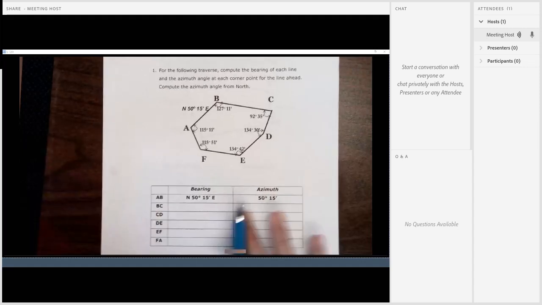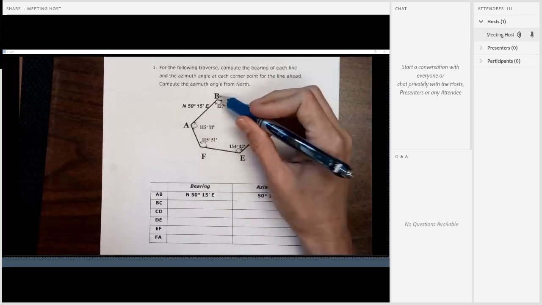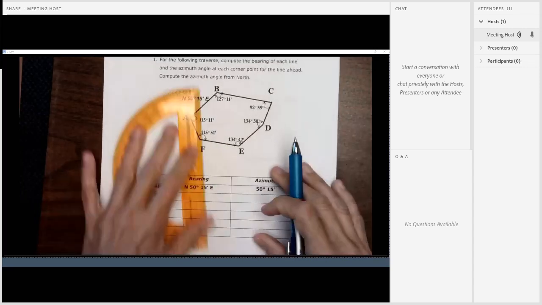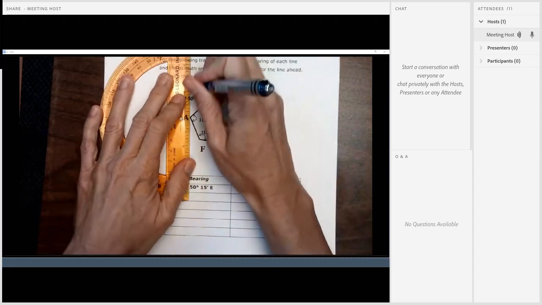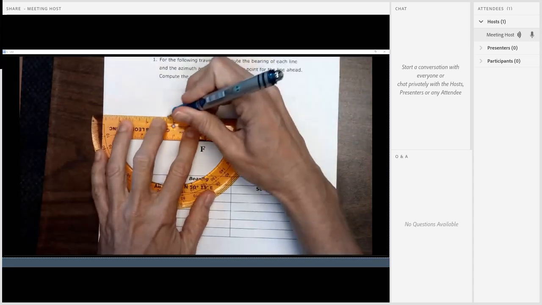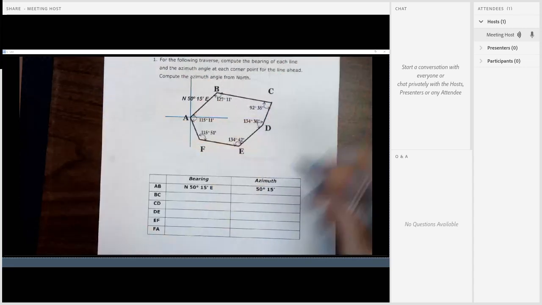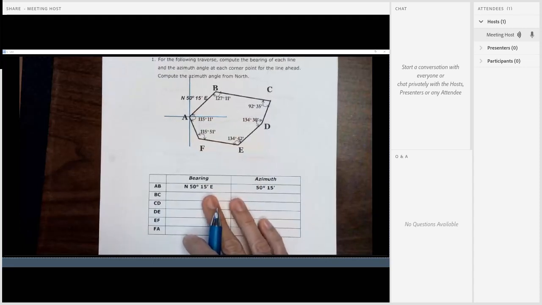So to start off here, we're going to look at bearing AB. So from A to B here, and we are given this information, but I'm going to go ahead and draw on our axis. That's something that I always do as I'm looking at these forward bearings and azimuths, just so I know what I'm talking about and where it's being measured from. So the info I'm given here is the forward bearing. That's coming from the north and going to the east.